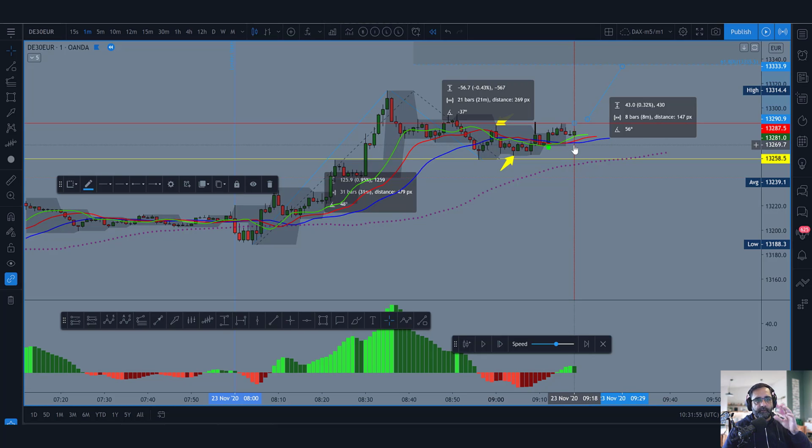Not quite 2R, so not really a tight box, but doable, because if it moved around this level, we have a distance between 90 and 113 of about 20 points, so that means 1R. If it moves 1R in my favor, I can move my stop loss to break even, and then I can put my target point there. So probably not 2R, slightly less than 2R, still doable.